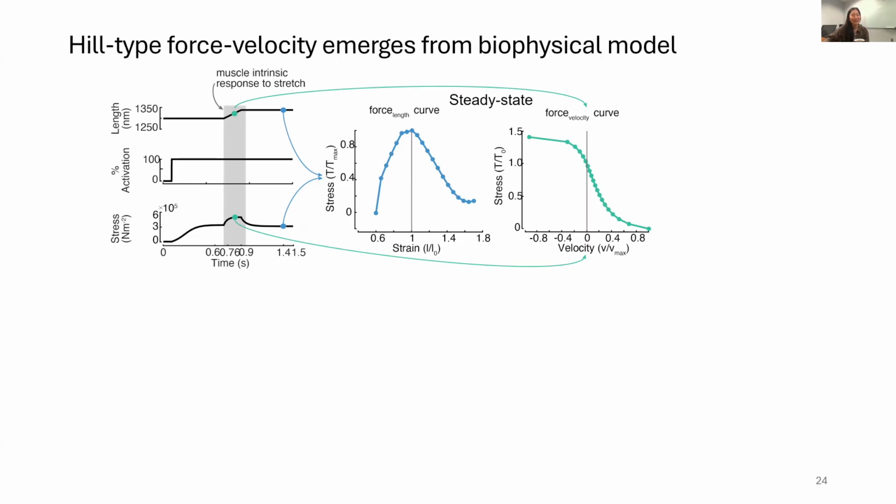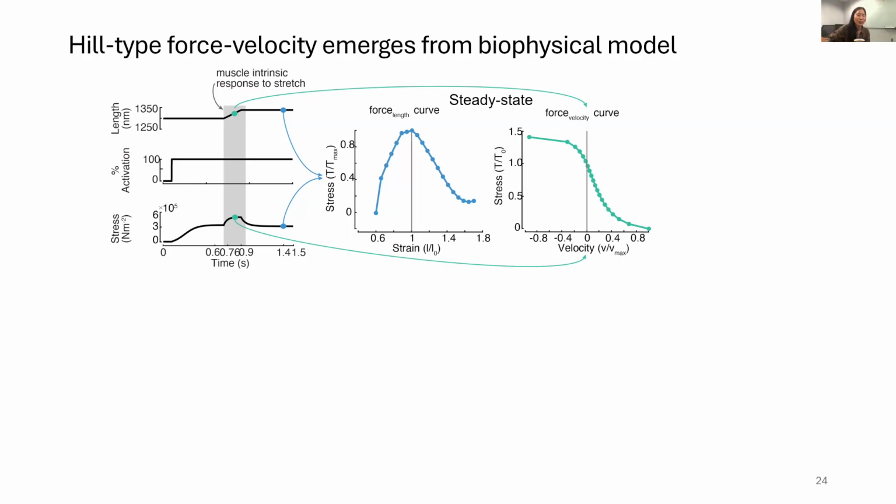So in the beginning, I told people that there is a force length and force velocity relationship in the muscles, and our model is able to simulate that. For conventional Hill-type muscle models, usually those models will start with a prescribed force length and force velocity curve, and then multiply those together to estimate the force at a certain length and velocity.